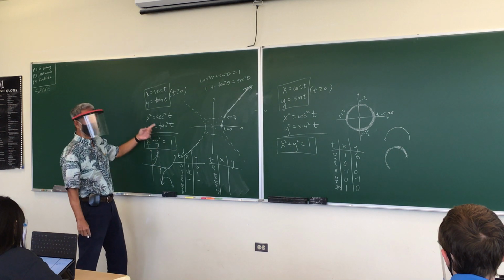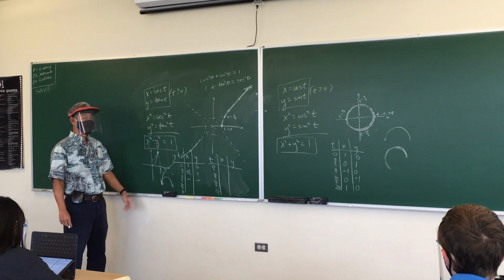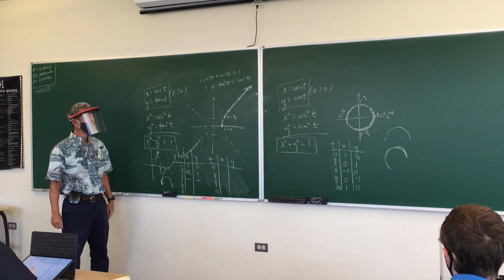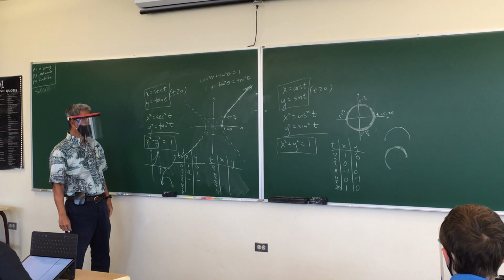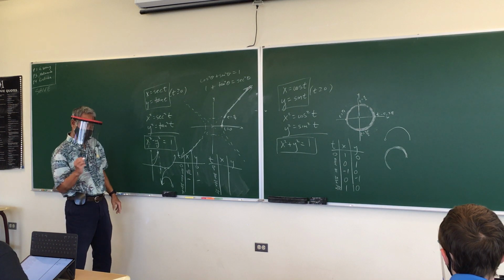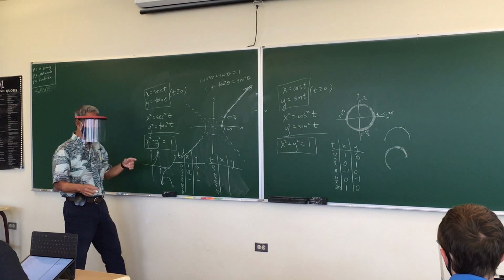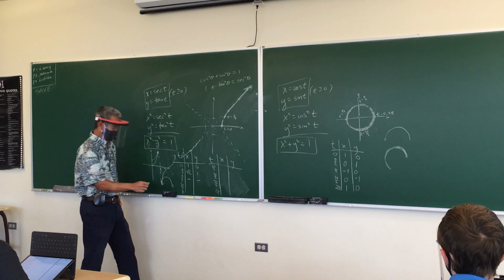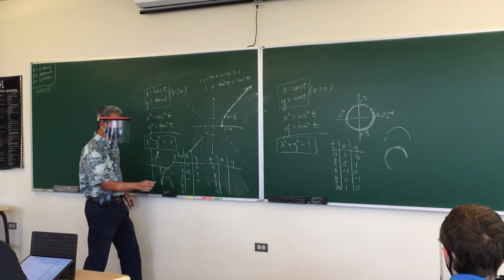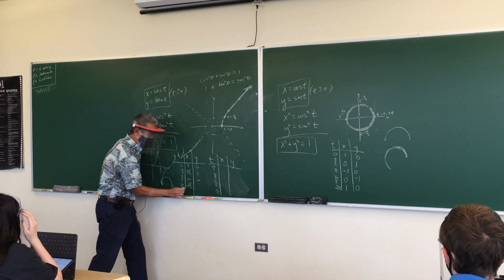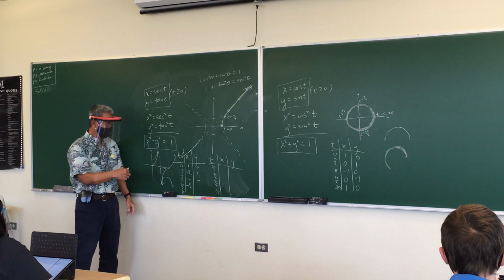Plug in 3 pi over 4. Who's got 3 pi over 4? Liu. Plug in 3 pi over 4. Okay. Close. Farther. Negative root 2, because cosine is negative in the second quadrant, right?